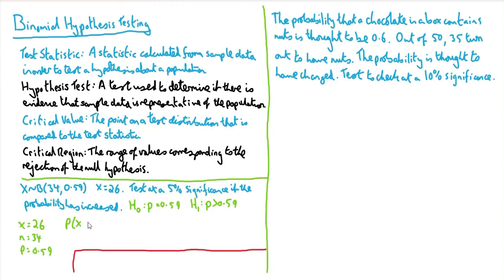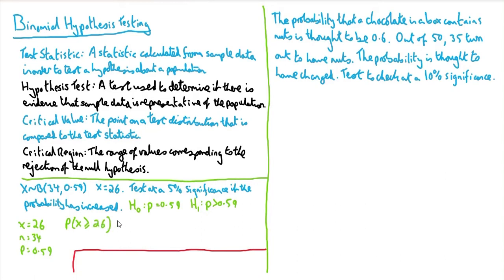And now the inequality sign inside of this probability matches the direction of the alternate hypothesis. That being said, whereas the alternate hypothesis is a strict inequality, so it's just greater than, in the hypothesis test itself, it's always or equal to. Okay, so same direction as the alternate hypothesis, but with an or equal to in there. Then again, this x that we're testing against is our 26.